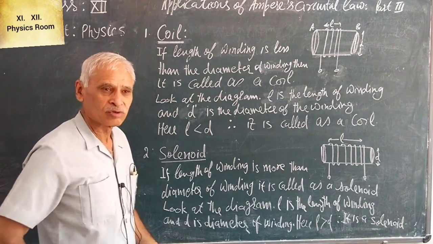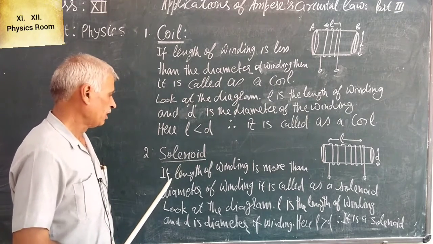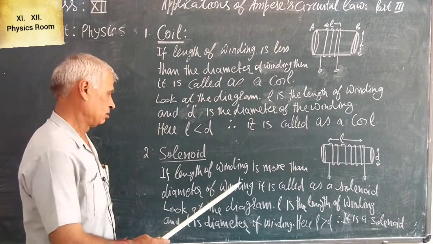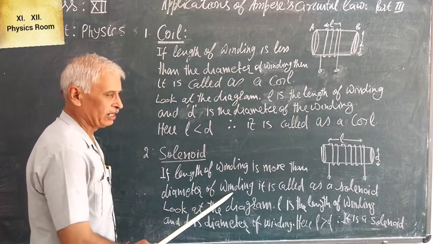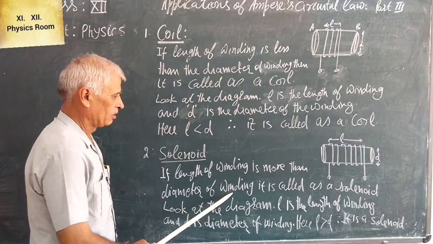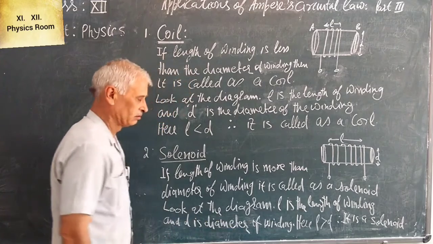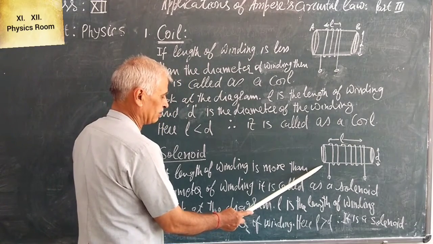Then what is a solenoid? We come to the solenoid. If the length of winding is more than the diameter of the winding, then it is called a solenoid. Now look at this diagram.